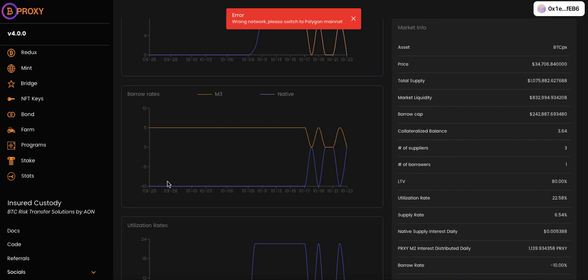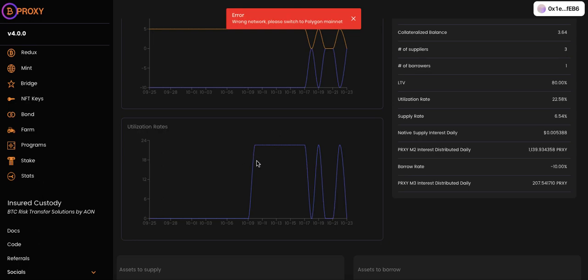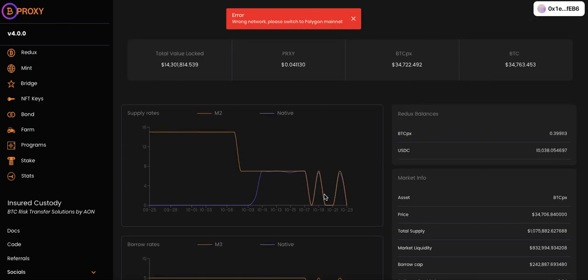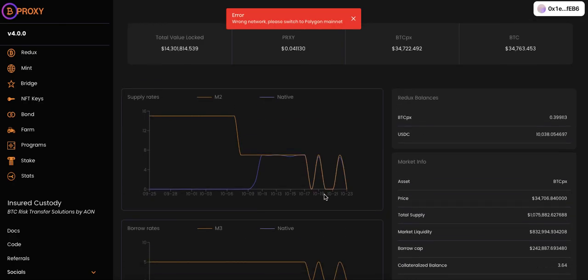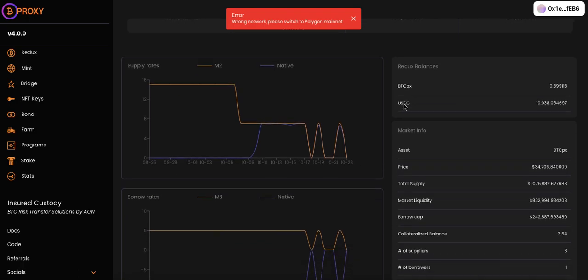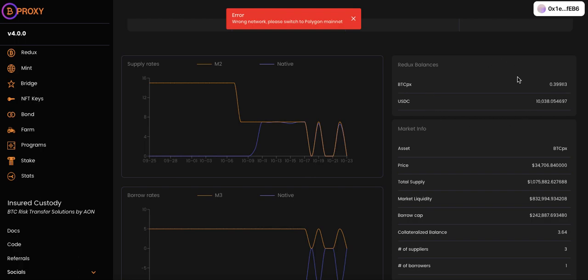The borrowing interest rates here are denoted in blue in native at -10, and the reward rate at +5. The utilization rates of the pool, as you can see, are very volatile. We have been stress testing, and that's the reason why. The Redux balance box is here on the top right side.